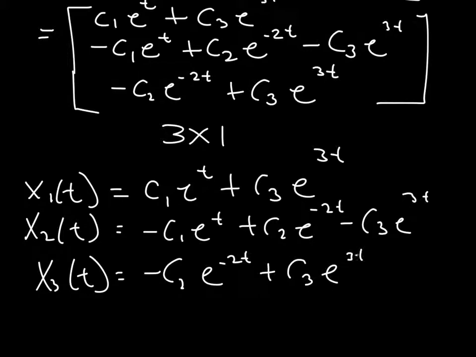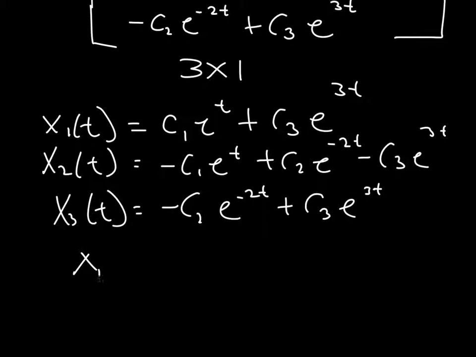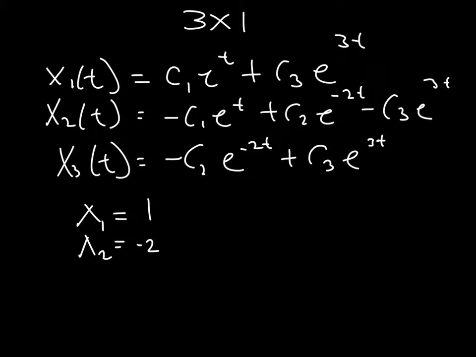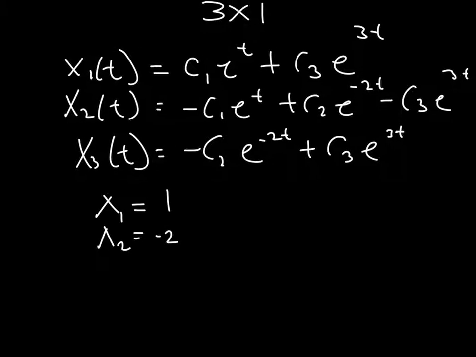If you notice in the back of the book, they don't have this exact answer, and that's because of the order I put my eigenvalues in: lambda 1 was 1, lambda 2 was negative 2, and lambda 3 was positive 3. I just like 1, 2, 3 because the subscripts match nicely.